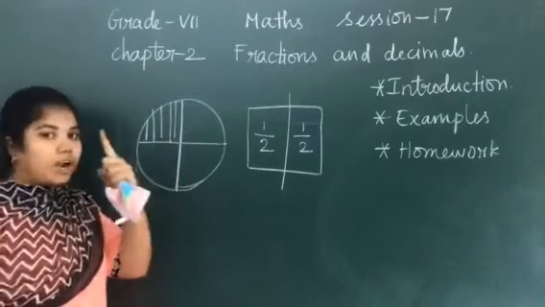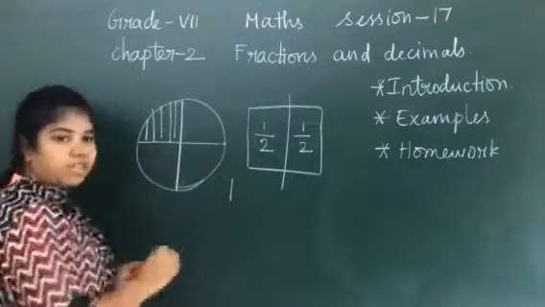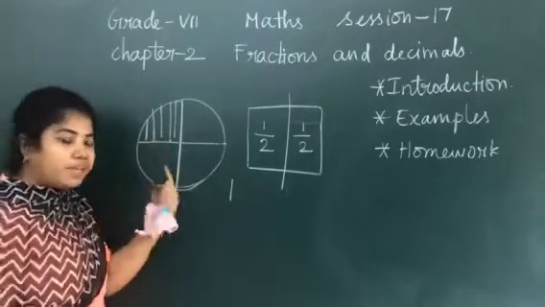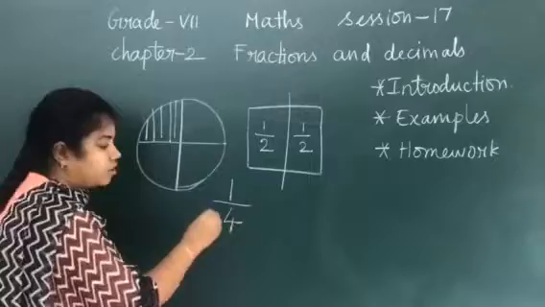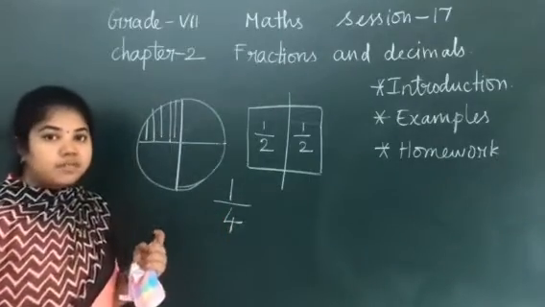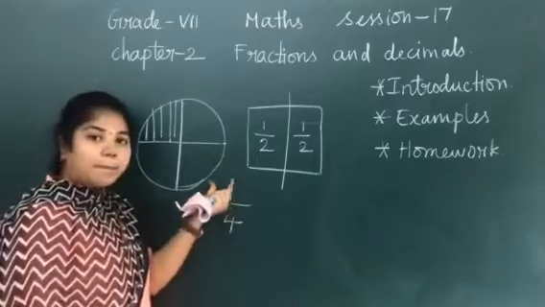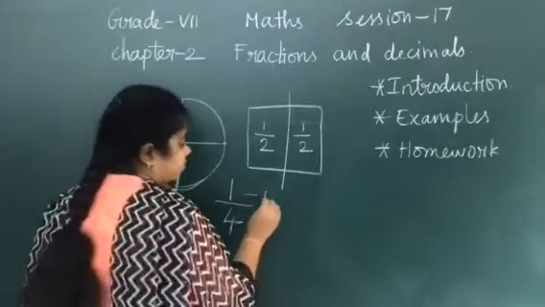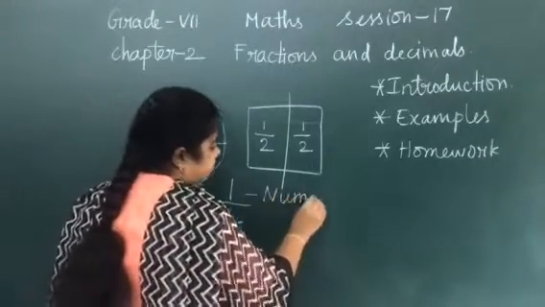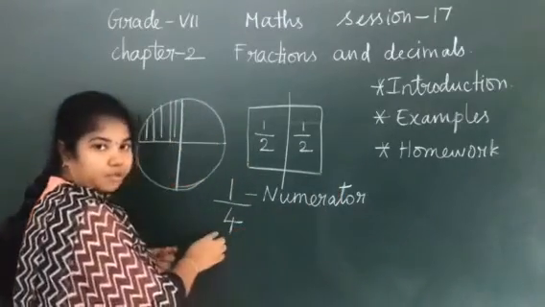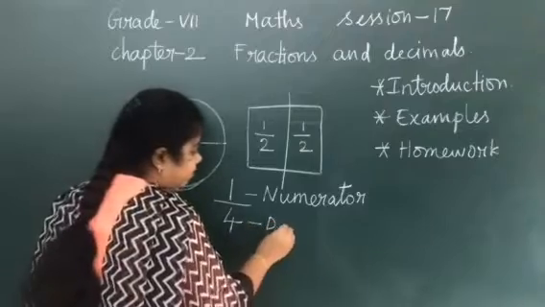Only one part is shaded, so that is the numerator. What is the total number of parts? It is 4. So 4 is my denominator. The number up is the numerator, and the number 4 is the denominator.